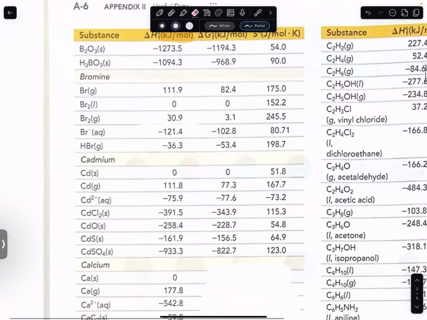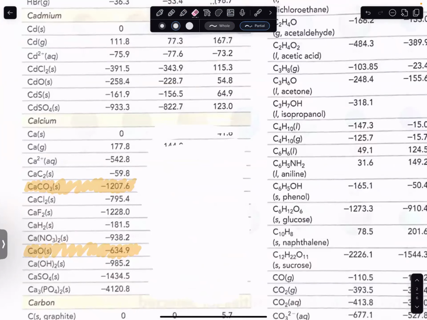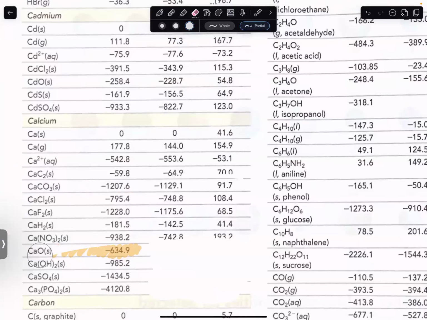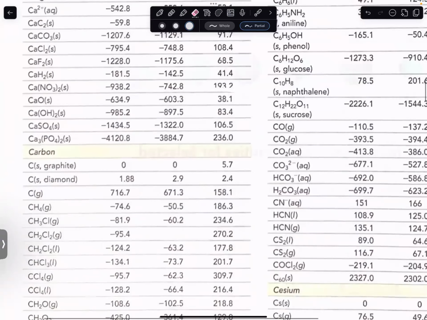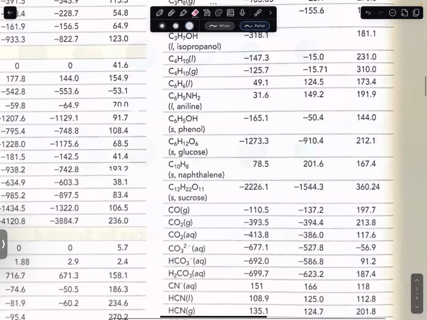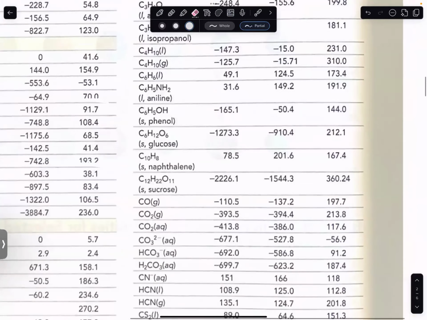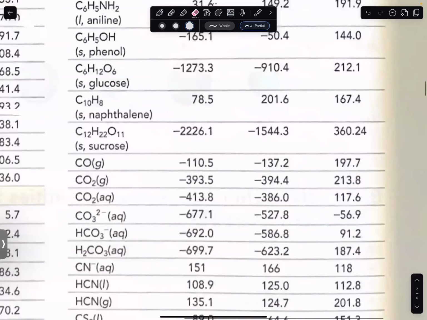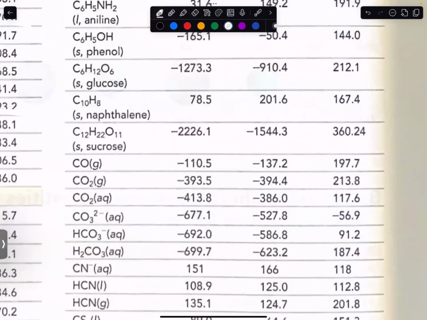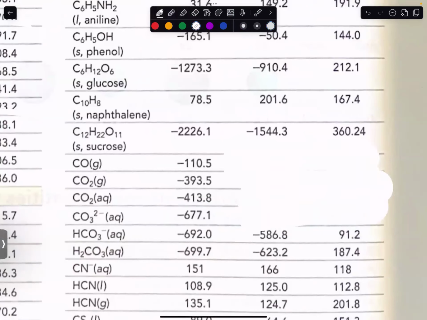All right, I'm also going to need to look up carbon. Carbon, we need CO2. All right, here we go. Okay, again, we only care about that first column.